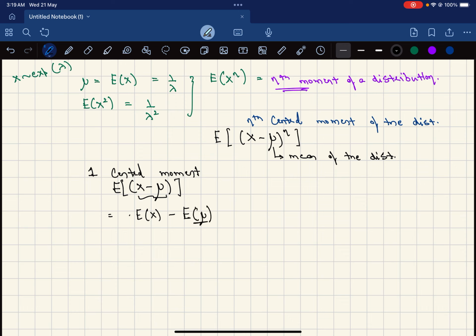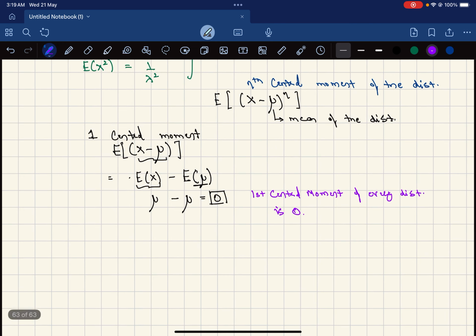Since mu is a constant, the expected value of a constant is the same constant. Also the expected value of X is nothing but mu, therefore this is 0. So one has to remember that the first central moment of every distribution is 0. So this is regarding the central moment.